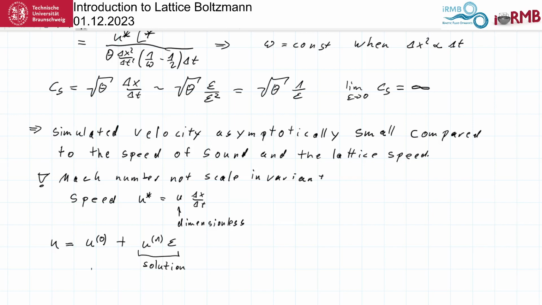So this means that the constant part is not what we are looking for, but we are looking at the first order and not the zero order. And then come the higher orders, which still remain to be errors.